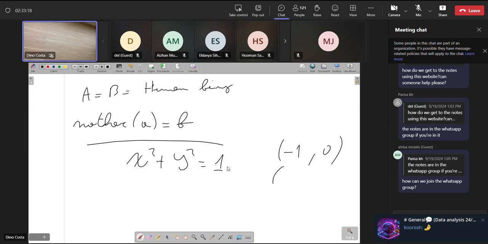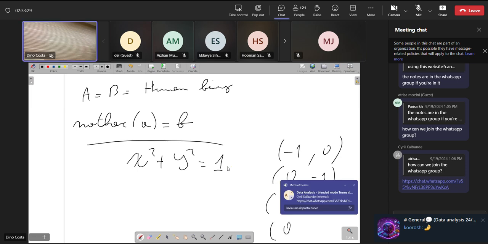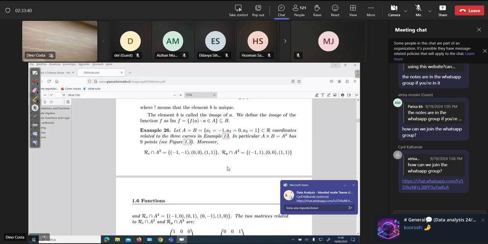The same obviously holds for 0, -1. But it also works for 1, 0, and 0, 1. Okay? So in fact, we have these 4 points.